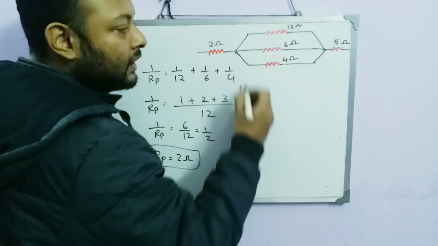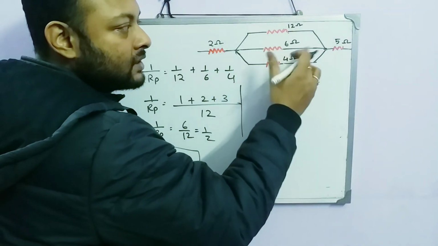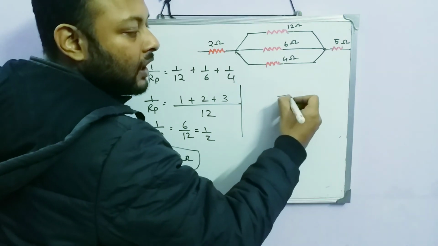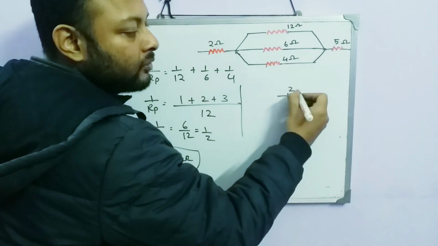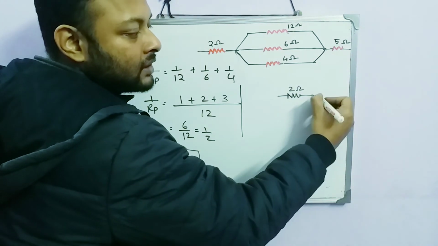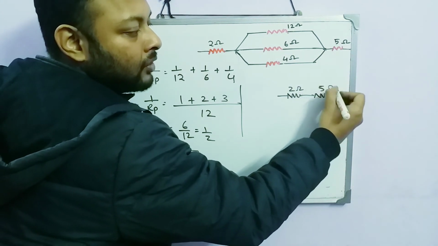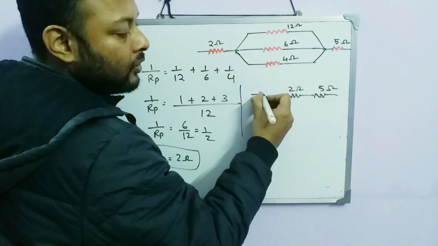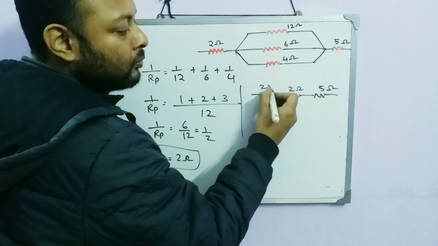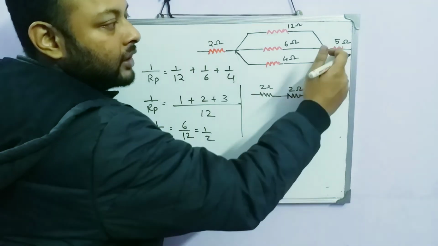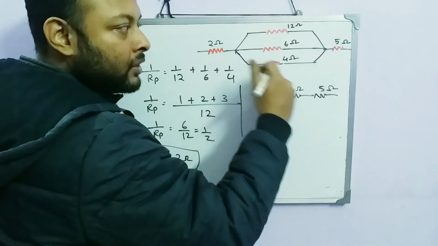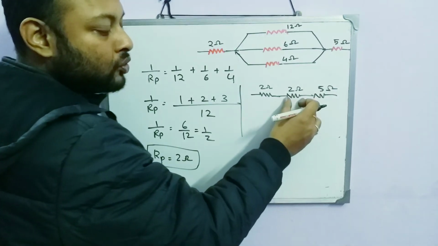So instead of writing these three resistances, I can write this as a single resistance of 2 ohm followed by a resistance which is 5 ohm, and before that I have another 2 ohm. So this 2 ohm is this 2 ohm, this 5 ohm is this 5 ohm, and the combination of all these three resistances gives you 2 ohm, which I have already done.